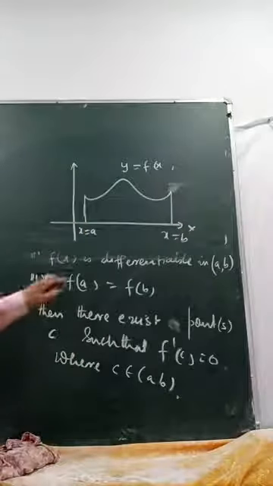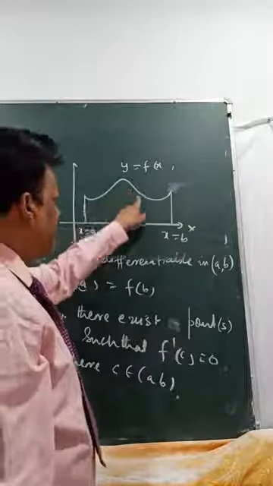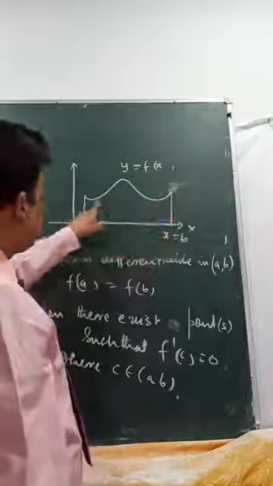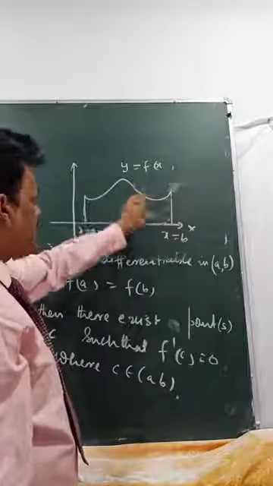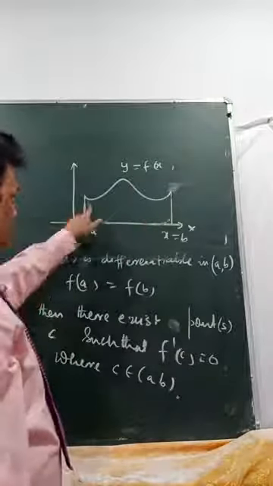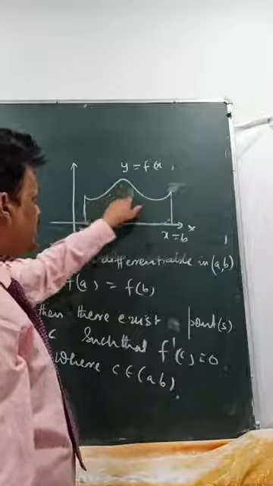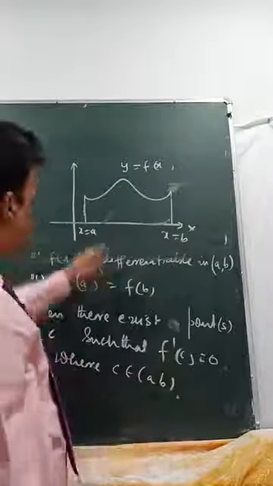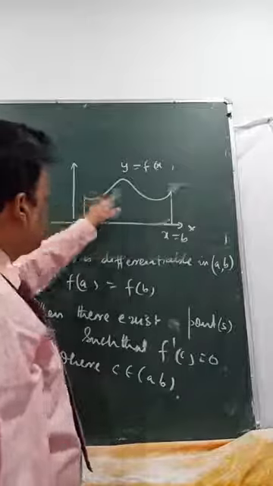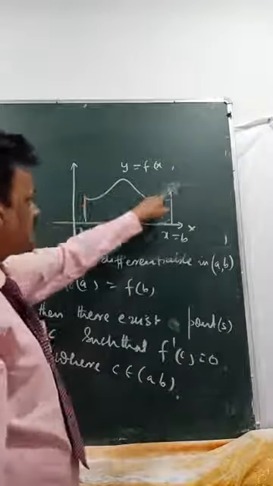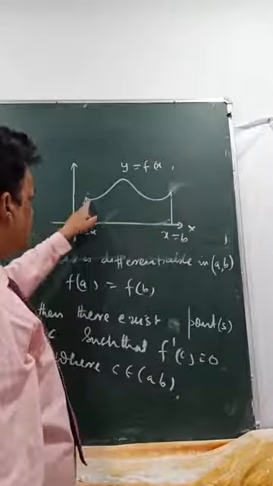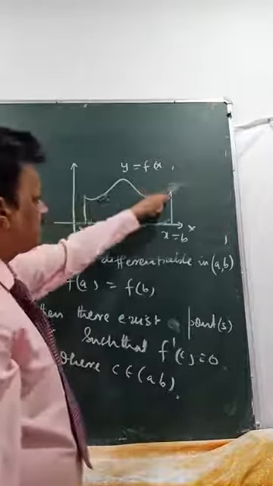That's the first point. It is a differentiable curve. At every point you have a unique tangent. So if it is differentiable, then also it is continuous. Differentiable on the open interval a to b means these 2 points are not counted. Continuous, it is counted from this point to this point.